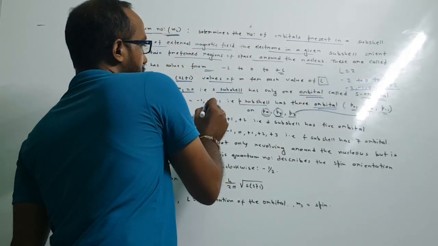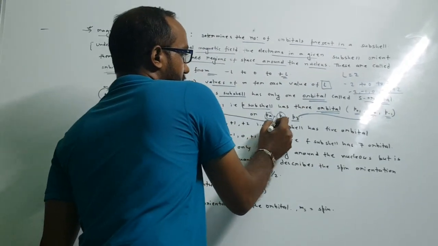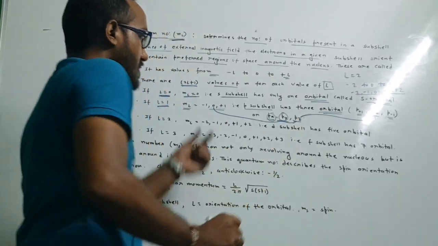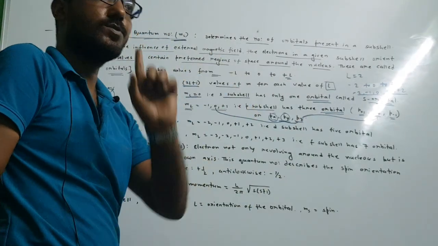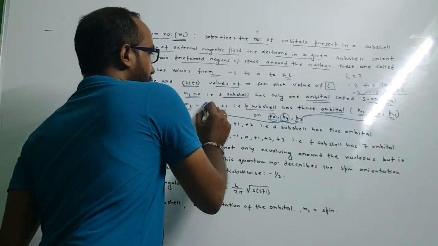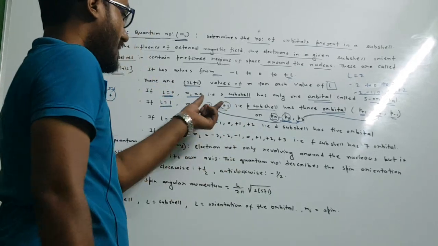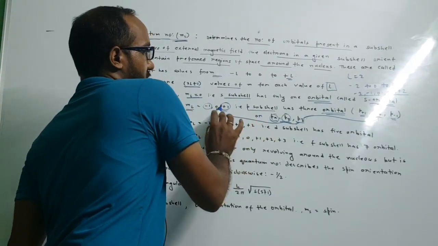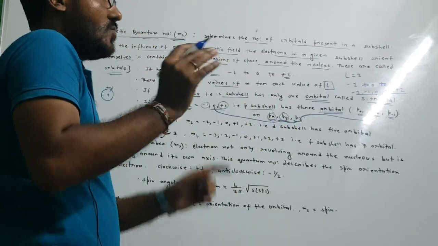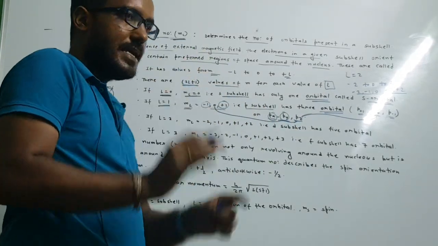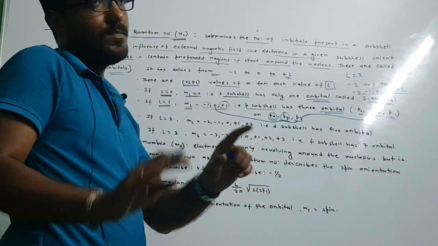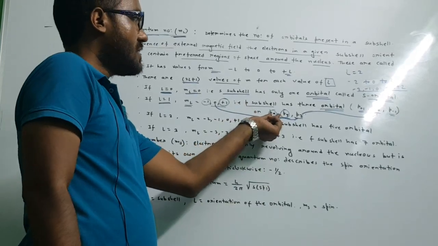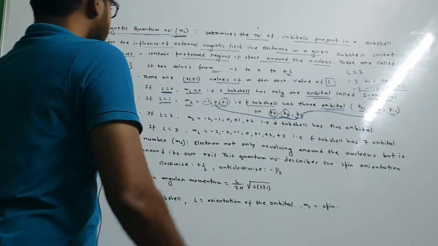That means 0 represents Pz. That is for sure. But for plus 1 and minus 1, there is no such convention. You cannot say that minus 1 is Px and plus 1 is Py. You have to take the linear combination of minus 1 and plus 1 in order to designate Px and Py.